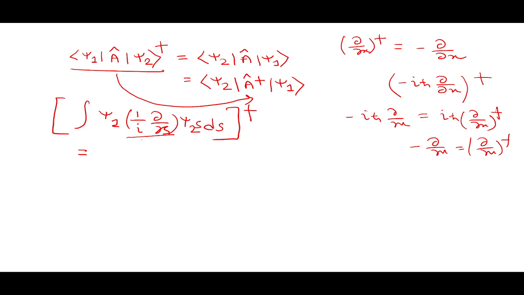So we can use one thing: 1 by I, integration of phi 1, s del phi 2 del s, ds. Sorry, I am using this screen vertically, so my writing will be bad.